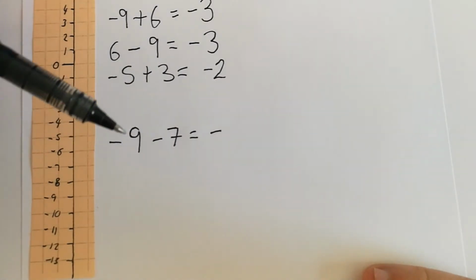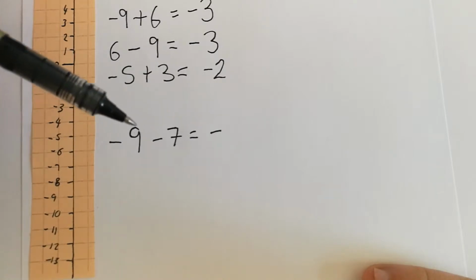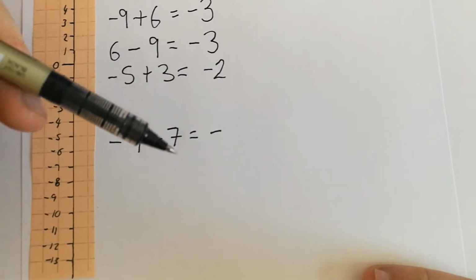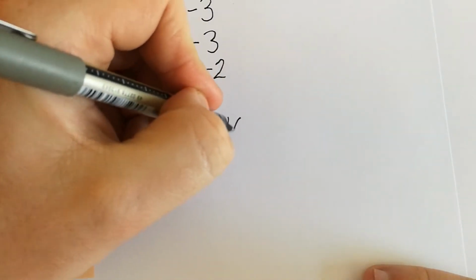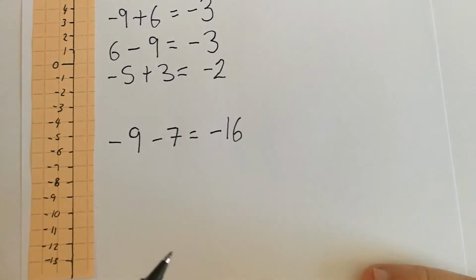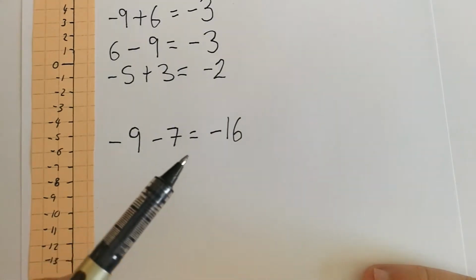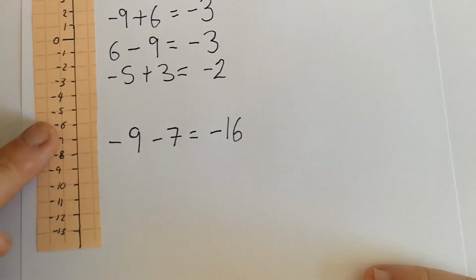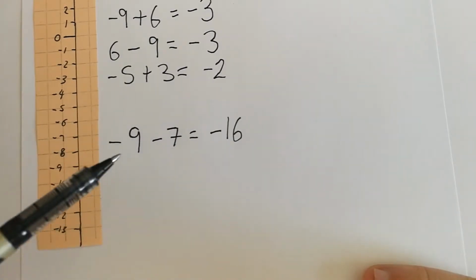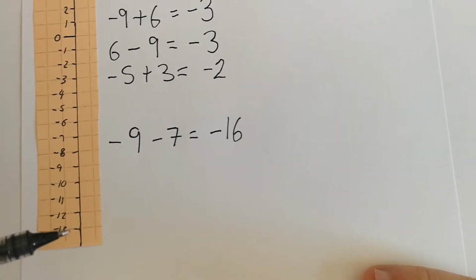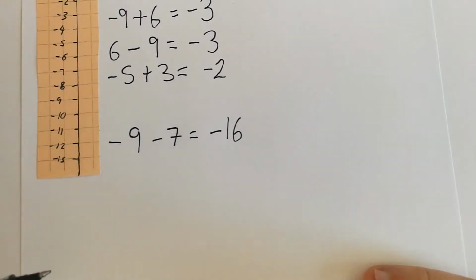Well, our signs are the same, and therefore we add our numbers. So we basically have 9 plus 7, and 9 plus 7 is 16. So minus 9 minus 7 is minus 16. And it's useful that we can do this without having to use a number line, because this number line is not big enough. It would have to go all the way down and keep going somewhere around about here.